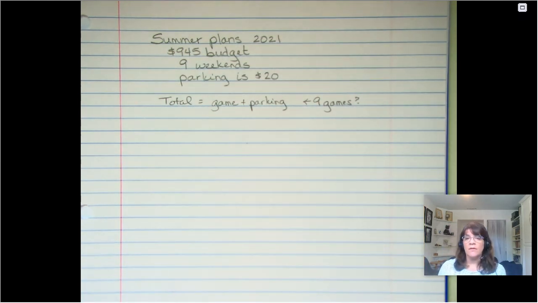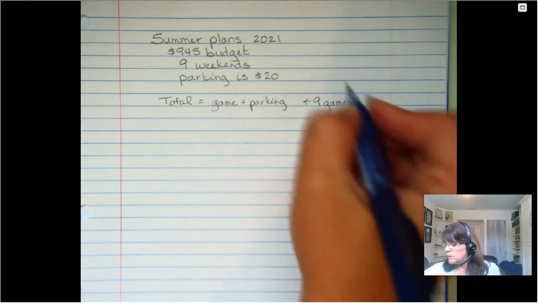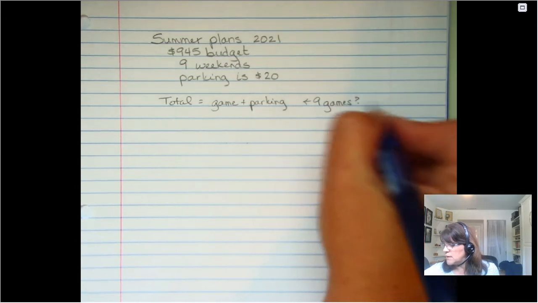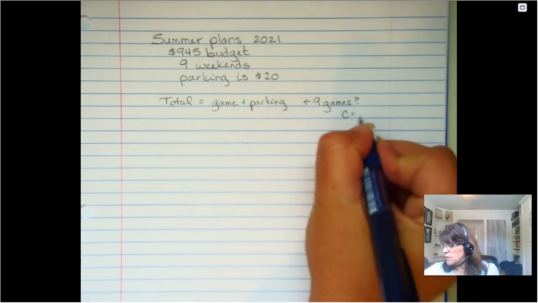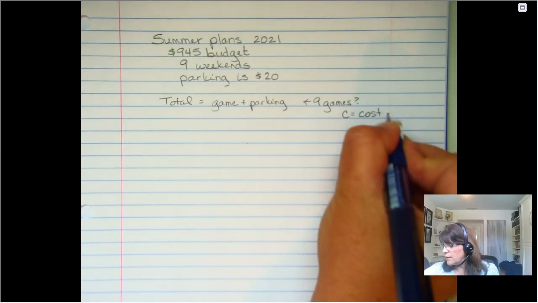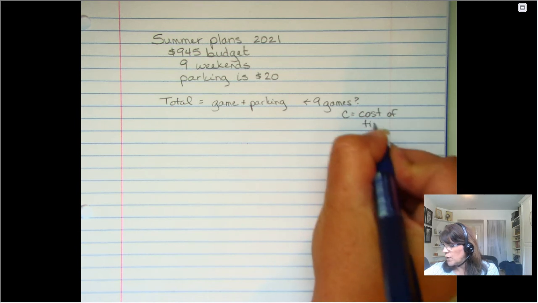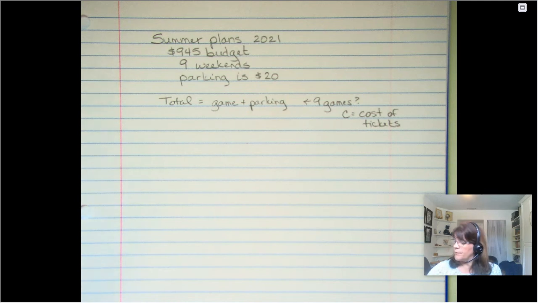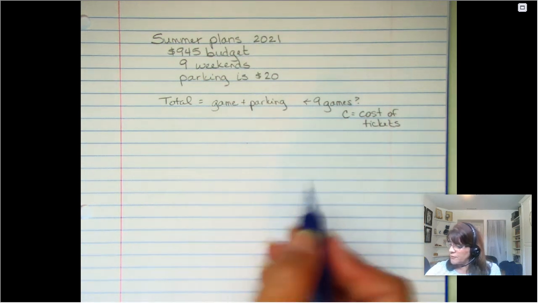Okay. So let's make the variable C. C equals cost of tickets, or cost of the game. Okay. And now let's kind of fill this in.